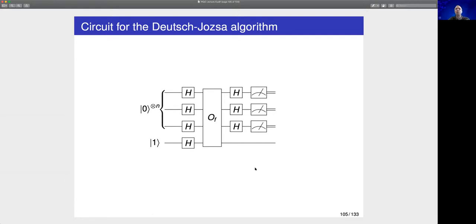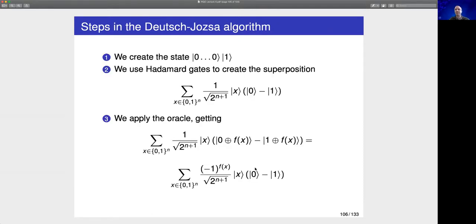So how to use this, and why does this work on the problem that we are posing? Let's see what are the different states that we obtain when we use an oracle for a function that is either constant or balanced with the circuit of the previous slide. Notice that we start with the state that on the inputs is 0, and on the qubit for the output is 1.